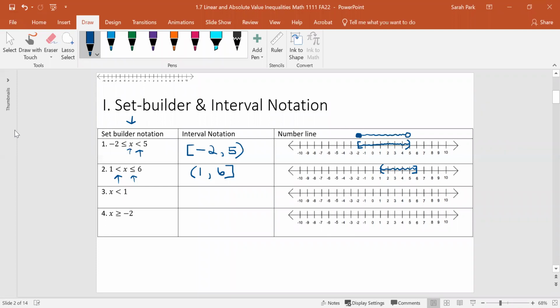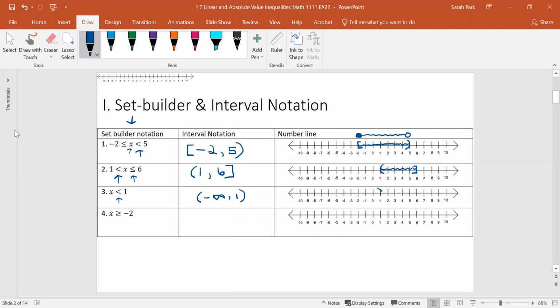Let's take a look at example 3, x is less than 1. This is a little tricky because you only have one bound. What this means is any number less than 1 is included in the interval. We write this as -infinity to 1, with parentheses because it's strictly less than.